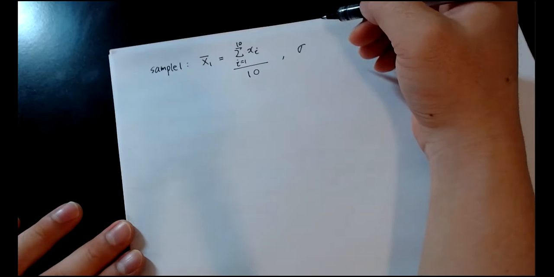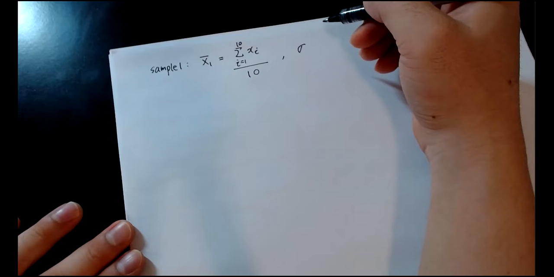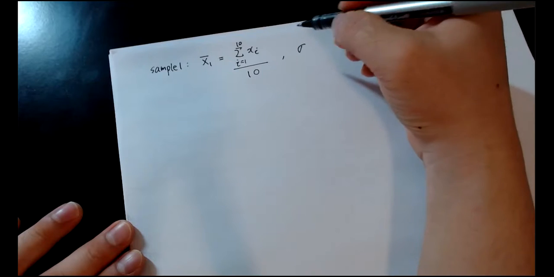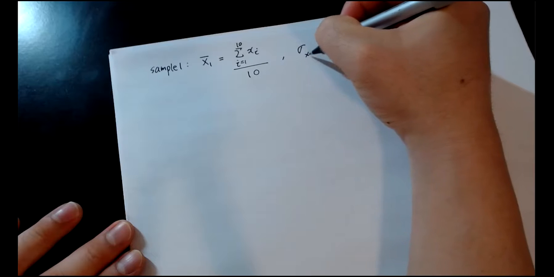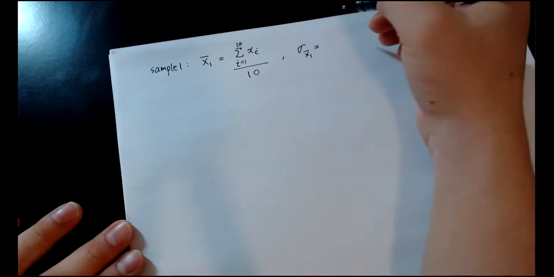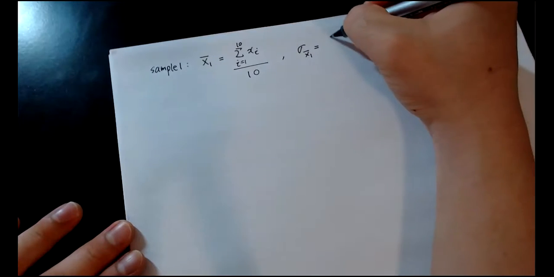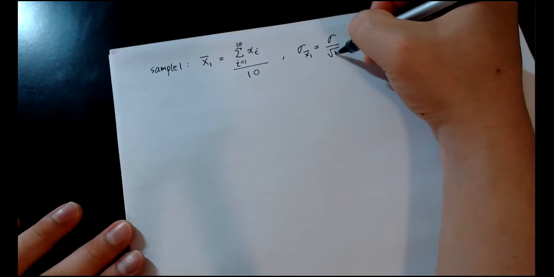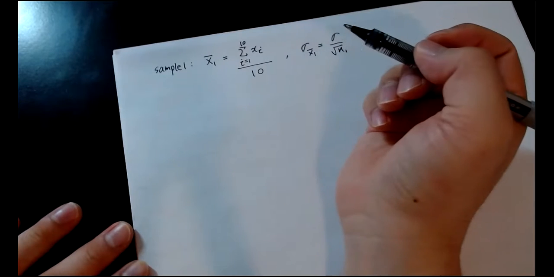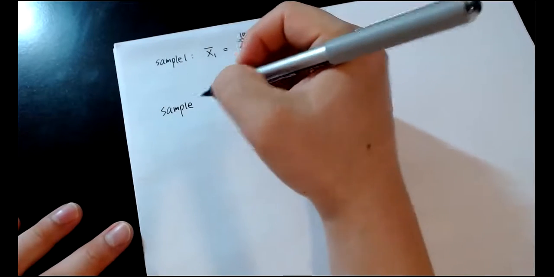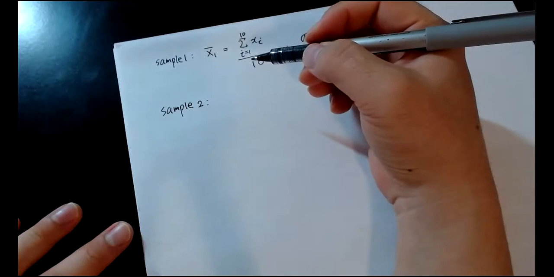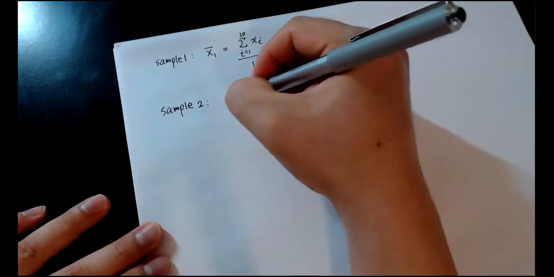Sigma x1 bar is equal to sigma over the square root of n1. And then sample 2, x2 bar. We don't know this.